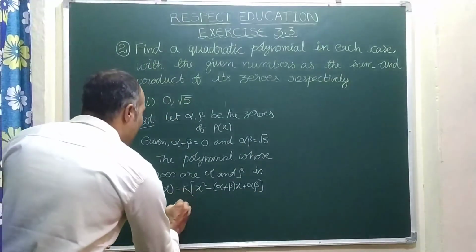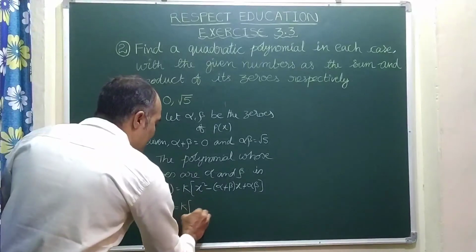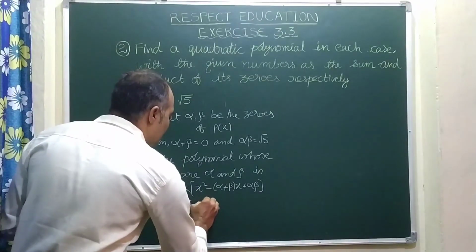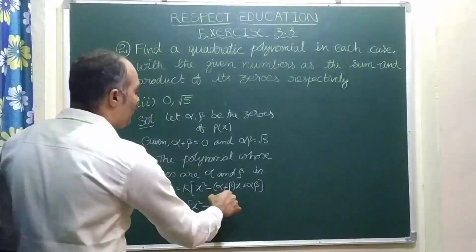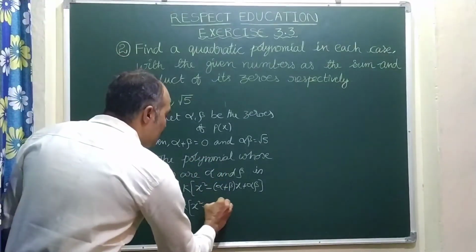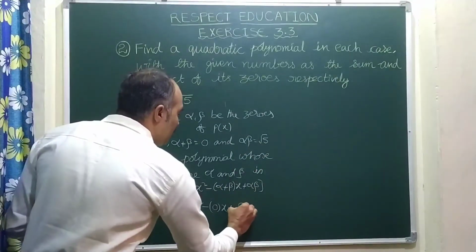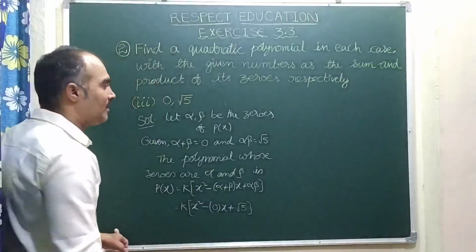So let us substitute the values. Let us write k as it is, x square minus, alpha plus beta is 0, so 0 times x plus alpha beta is root 5, so root 5 as it is.